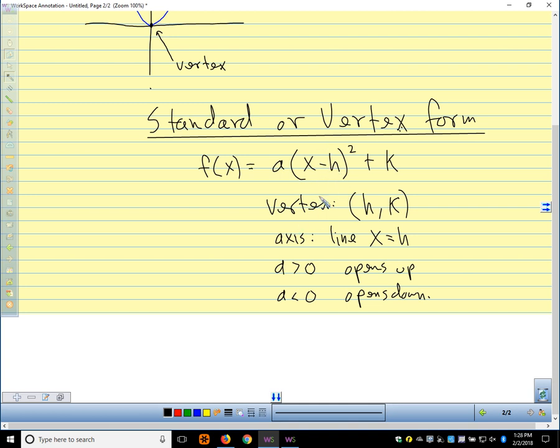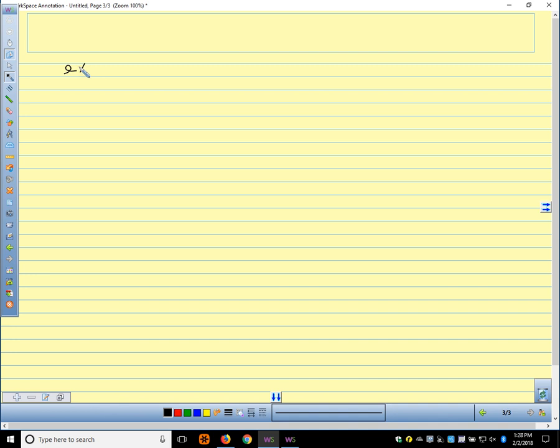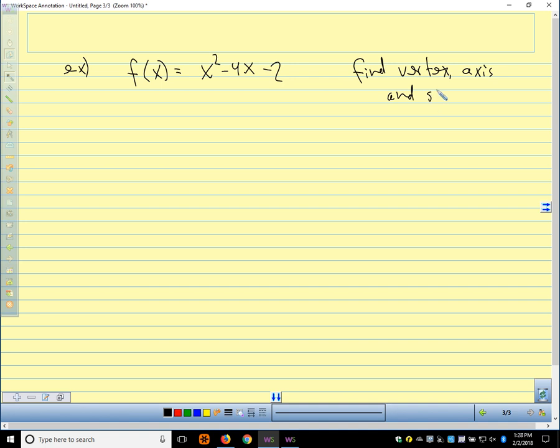I always like when we get to this point in the semester, because we get to recall one of our favorite operations from Algebra 2. We want to find the vertex, find the axis, and sketch a graph.